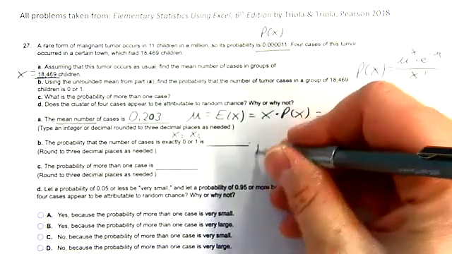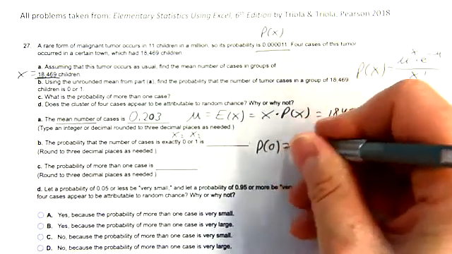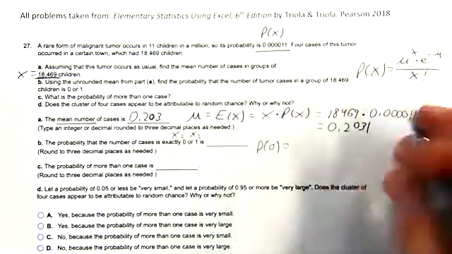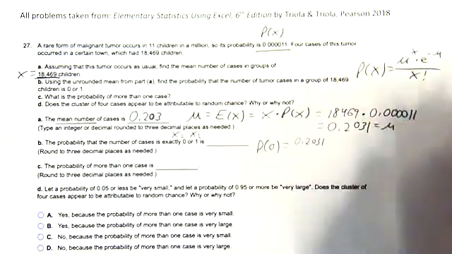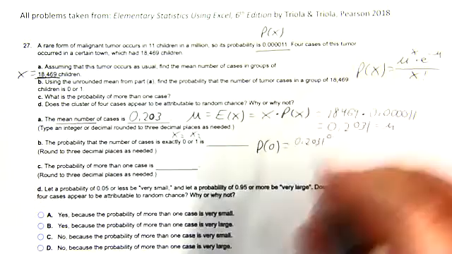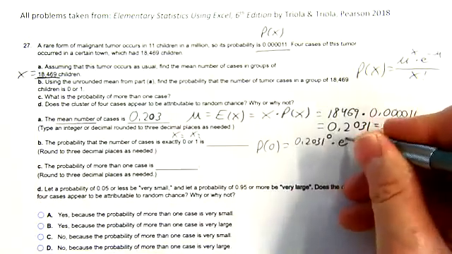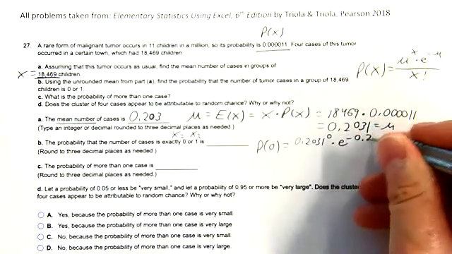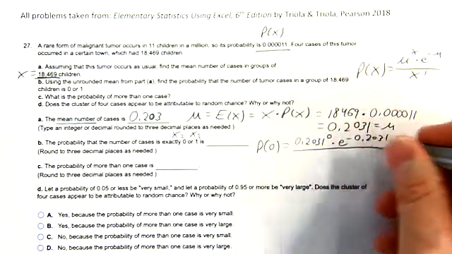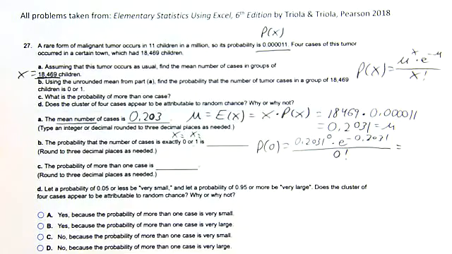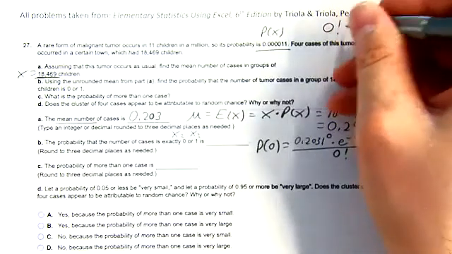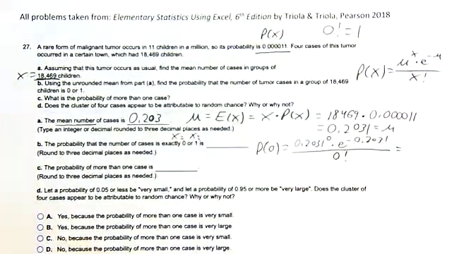So the probability of 0 cases would be, this is our mu now, 0.2031 raised to the x, in this case x is 0, times e to the negative 0.2031, all over 0 factorial. And 0 factorial is 1. We defined that a while back.